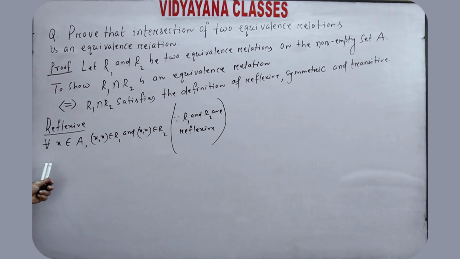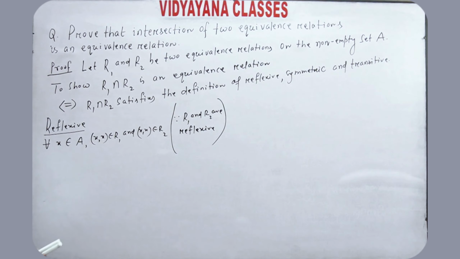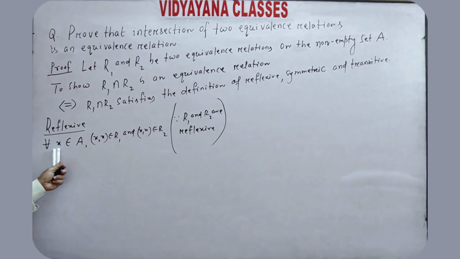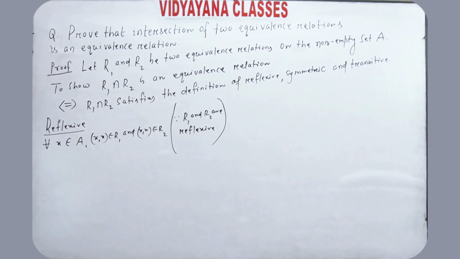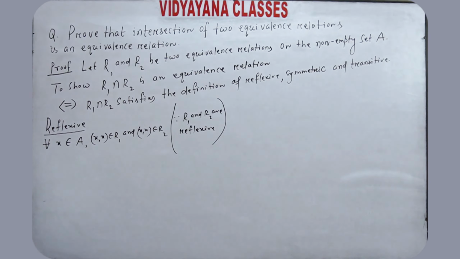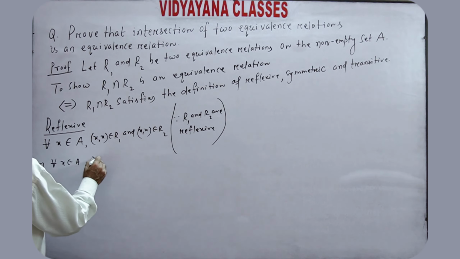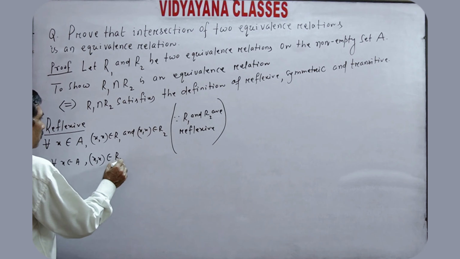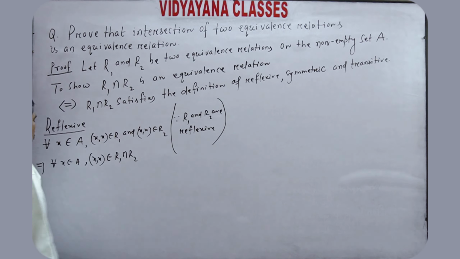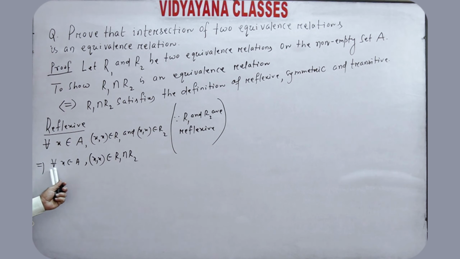R1 is reflexive, that means for all x belongs to capital A, (x,x) belongs to R1. R2 is reflexive, for all x belongs to capital A, (x,x) belongs to R2. Clear? Which implies, by the definition of intersection, (x,x) belongs to R1 intersection R2. Now for all x belongs to capital A, (x,x) belongs to R1 intersection R2. It is the definition of reflexive.